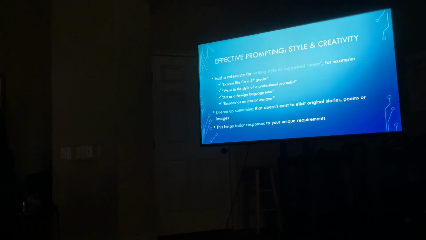But you can say things like, explain it like I'm a fifth grader, which sometimes we have to do, or write in a certain style. Or dream up something that doesn't exist if you want original stories or poems. It writes very nice poems, by the way, and jokes. So tailor the responses to your requirements by giving it enough information.